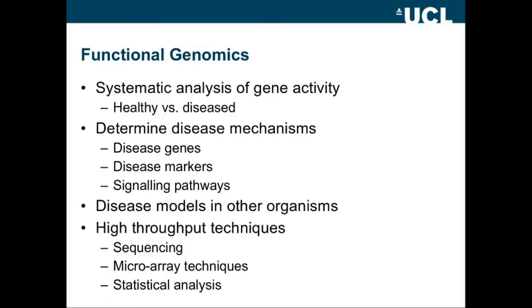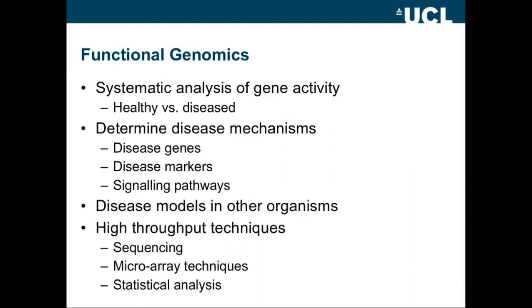So this brings us on to the idea of functional genomics as a way of helping us to identify new targets. What we can do then, as I mentioned before, is cDNA sequencing. What we do is look at a tissue of interest from healthy individuals and diseased individuals. We sample the messenger RNA, convert it to cDNA.